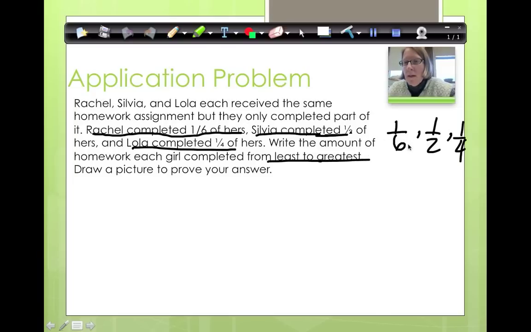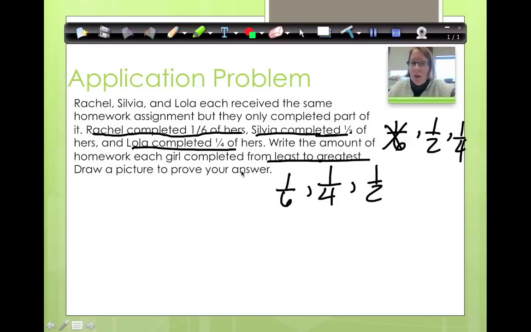Okay, so 1/6 has my largest number down here on the bottom, so that means it's cut into the most pieces. So the pieces are going to be the smallest. So let's put 1/6 first. Then what would come next? 1/4 or 1/2? 4 pieces or 2 pieces? Well, 4 pieces are going to be smaller. So we're going to do 1/4 and 1/2.